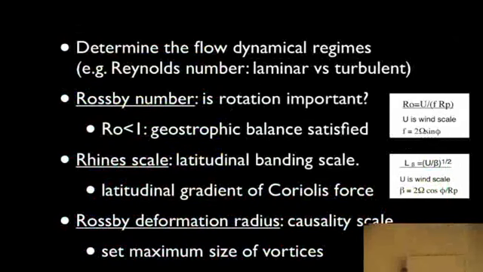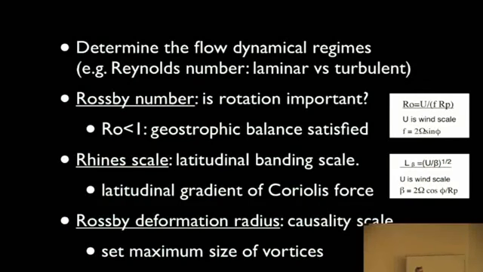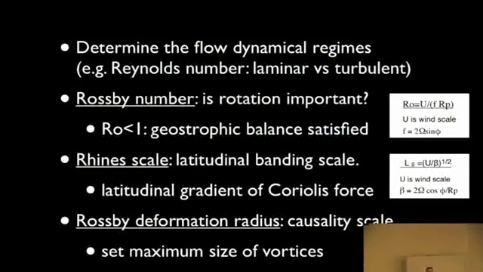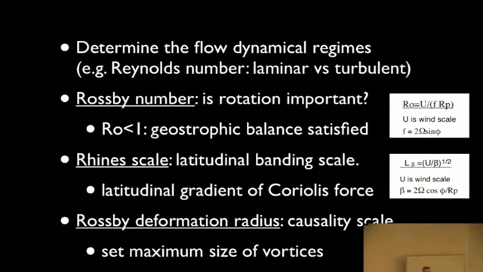The Rossby number, this first dimensionless number that we're discussing here, is telling you first how important rotation is in controlling the flow dynamics. The smaller the Rossby number, the more important the rotation is in controlling the atmospheric flow. And in the limit of a small Rossby number, you do get to satisfy, away from the equator, typically geostrophic balance. That's the case, for instance, for the Earth.